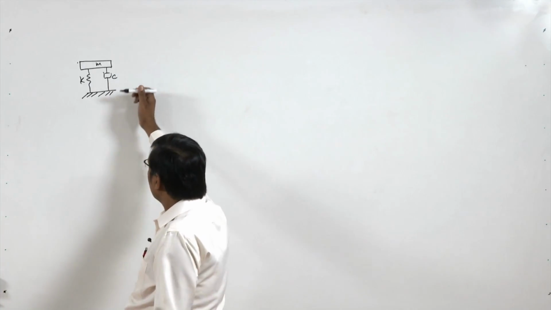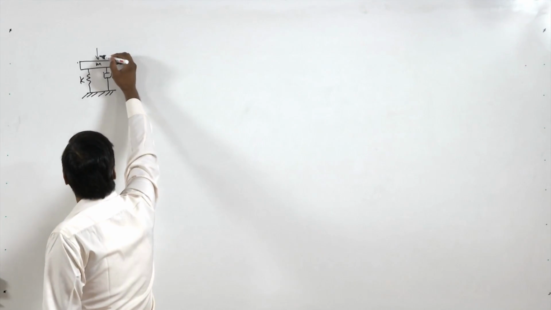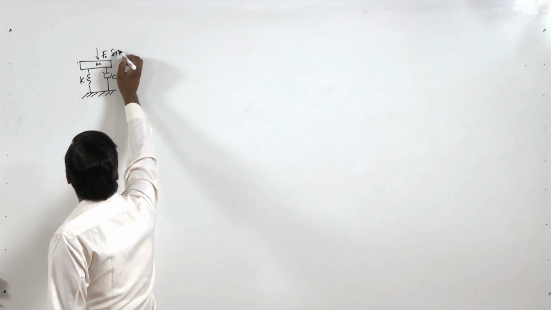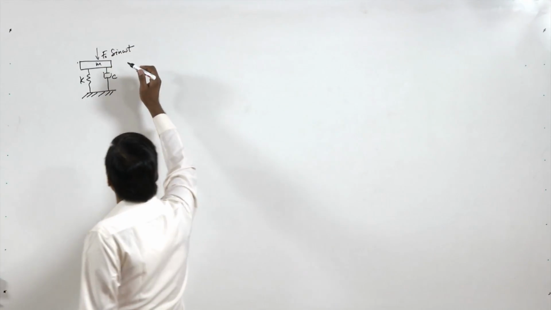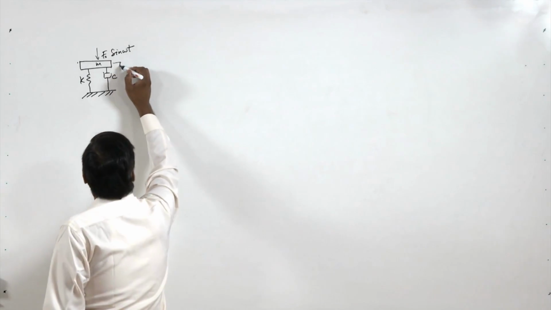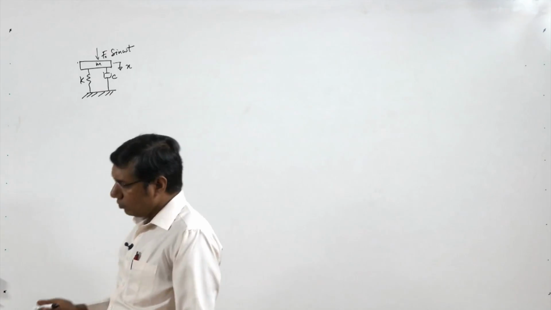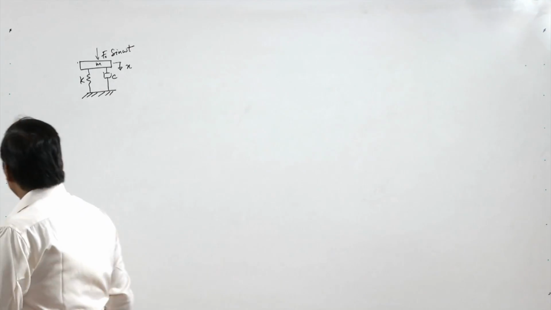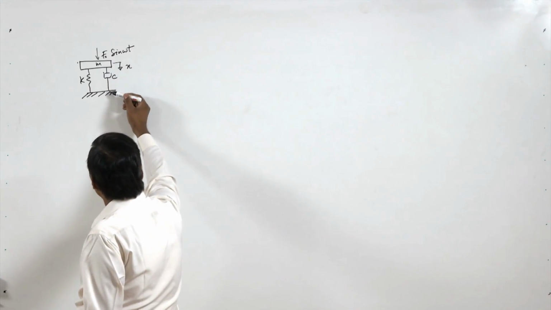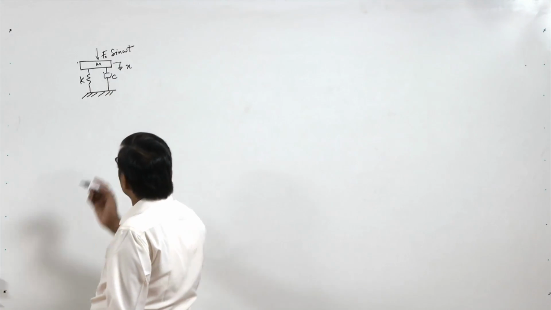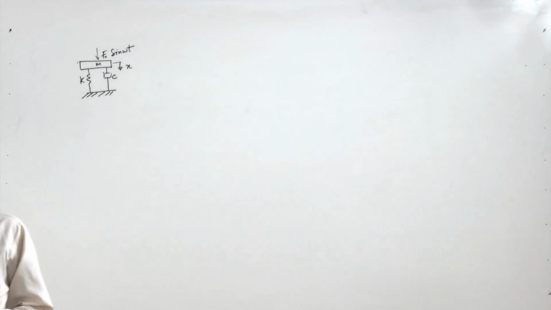This system is subjected to some force F0 sine omega t, and so it is vibrating. Some forces are going to be transmitted to this foundation, and we want to know what those forces are.